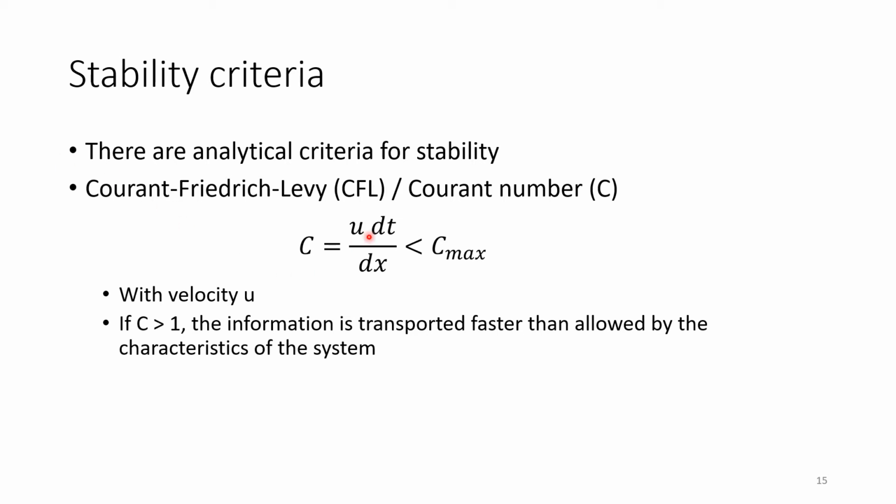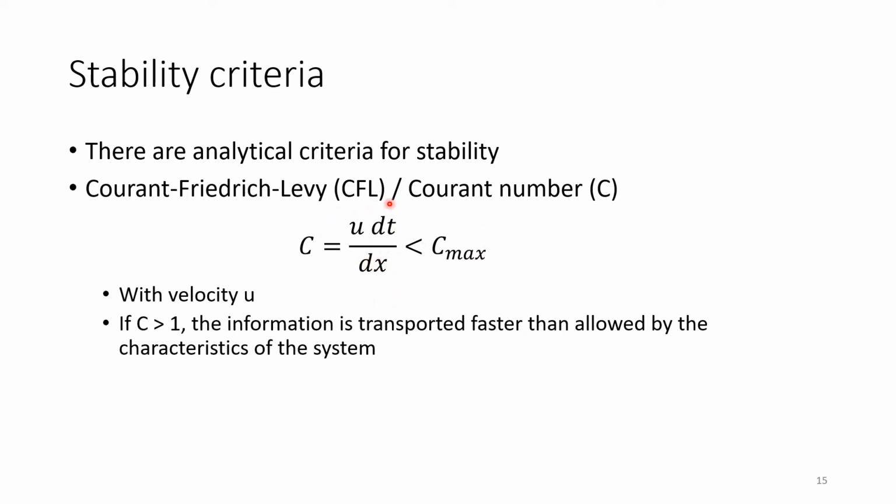The idea is that the Courant number is something like a velocity. It doesn't need to be the physical flow velocity. It's rather the velocity with which information is transported, multiplied by the time step divided by the spatial discretization. So you see this links time step and spatial discretization in terms of stability.